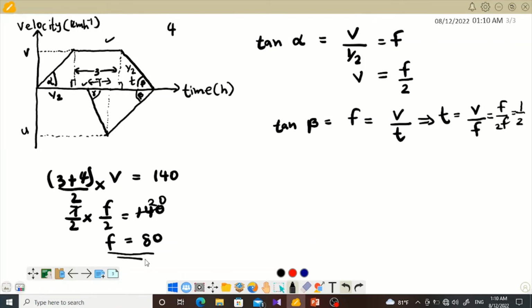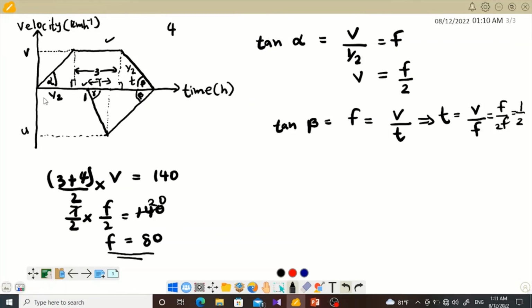Then we have to find the values of t and a. So next I am going to find the value of t. We know that the second train begins its journey after 1 hour, so this point denotes 1 hour, and the total time is 4.